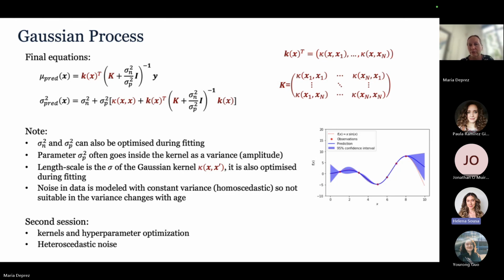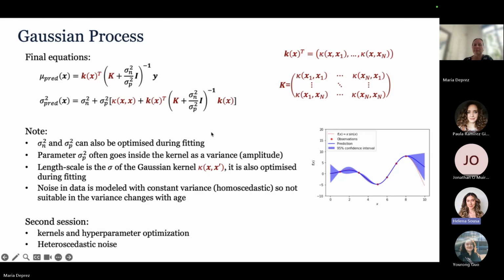I won't dwell on the details, but it all fits. The kernel has the length scale, which I don't have in the equations, but it's the Gaussian kernel, so that's what the length scale is. And sigma_p is the same as the sigma_f that Helena was showing, and sigma_n is the same.